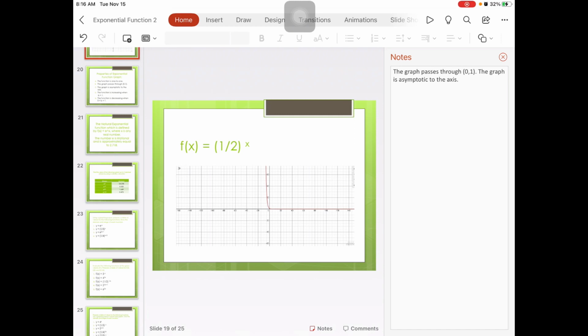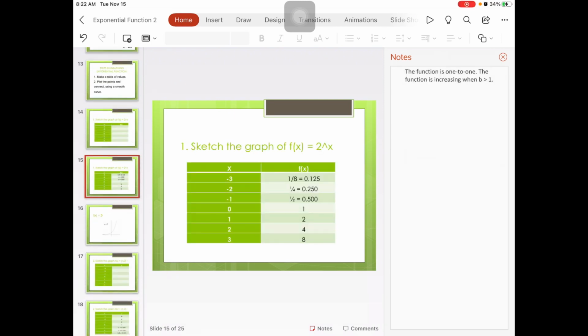The graph is asymptotic. So if we're going to go to number 1, notice that the function is 1 to 1 and the function here is increasing because b is greater than 1. When you're going to look at f of x is equal to 2 raised to x, the base is greater than 1.